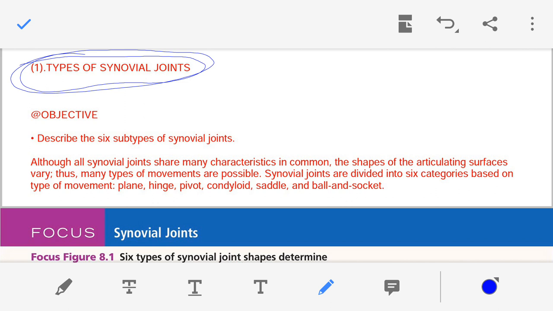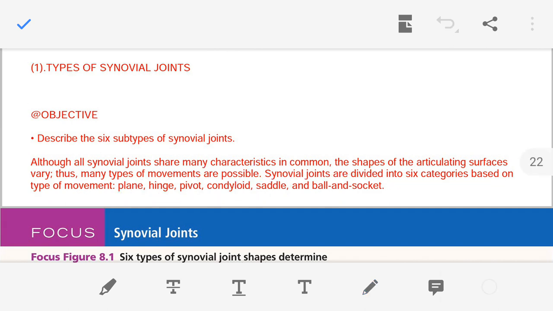Synovial joints are divided into 6 categories based on the movement these joints allow. So plane joint, hinge joint, pivot joint, condylar joint, saddle joint, and ball and socket joint. These are the 6 types of synovial joint.